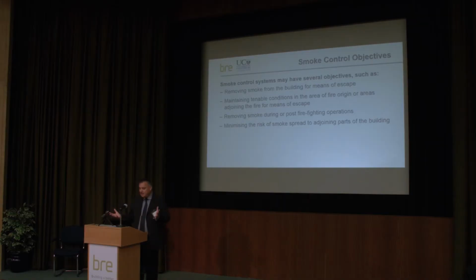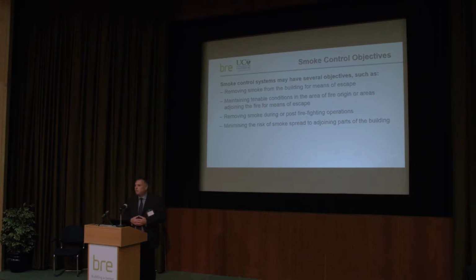It's related to smoke control and spill plume design. I'm not really going to be touching too much on the details of smoke control, but there are several objectives in carrying out smoke control design that you may need to consider. It may be that we are removing smoke from a building to create a clear layer for safe means of escape.